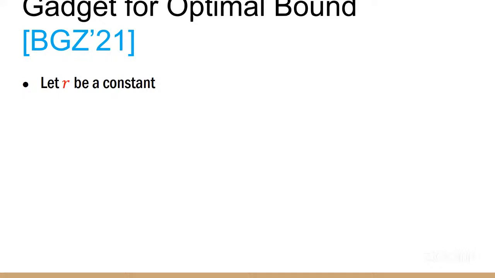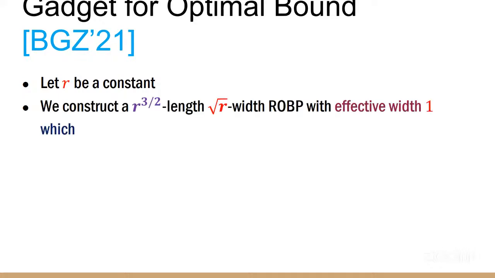On a high level, what does this construction look like? Let R be a constant. We will construct a read-once branching program of length R to the 3/2. Width does not matter, because by definition it will only grow linearly with effective width 1. It has the property that it amplifies a bias of delta to square root R times delta. If you are given R coin tosses, the best amplification you can get is square root R, which is what majority gives you.